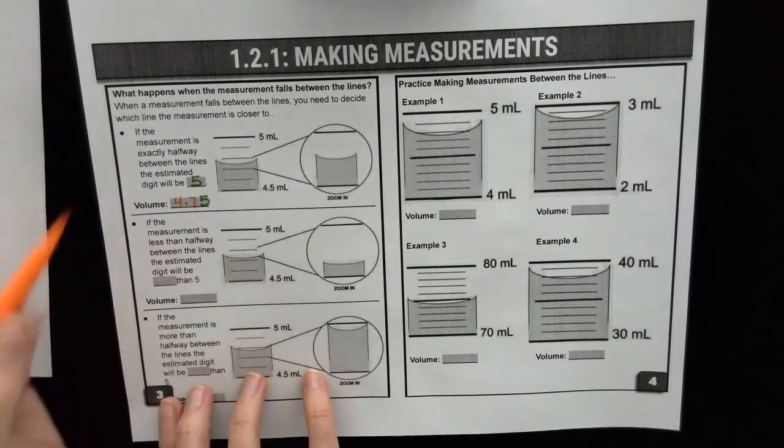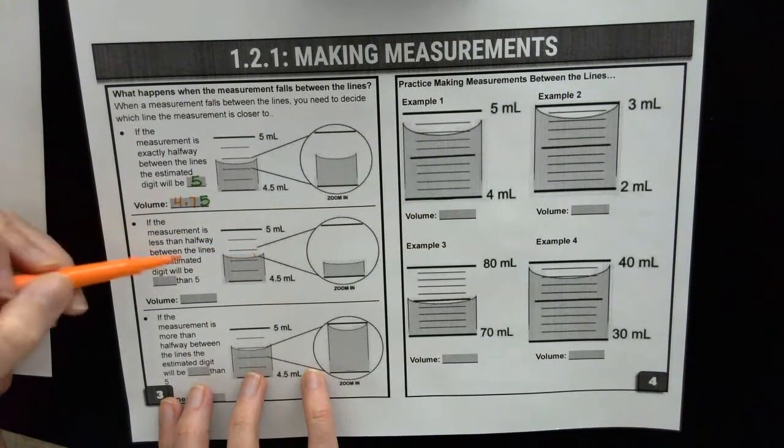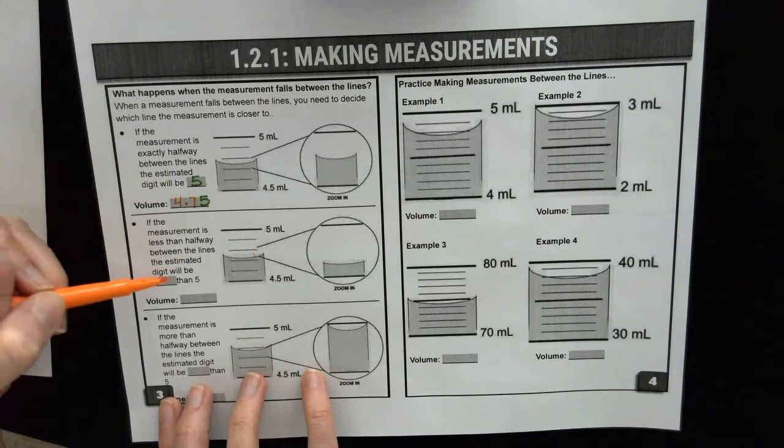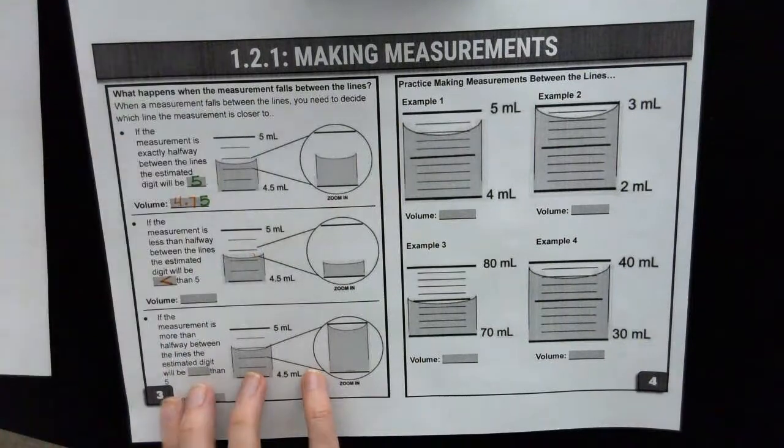Okay, now I'm going to take a look at the next one. Here, we see that we didn't quite get to the halfway mark. We're less than halfway. So if a measurement is less than halfway between the lines, the estimated digit will be less than 5, so this little alligator means less than 5.